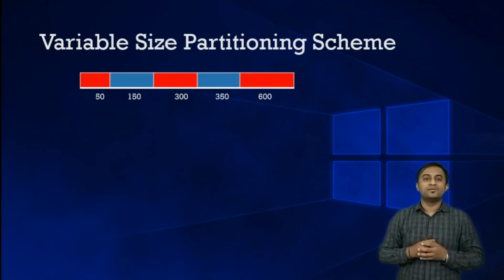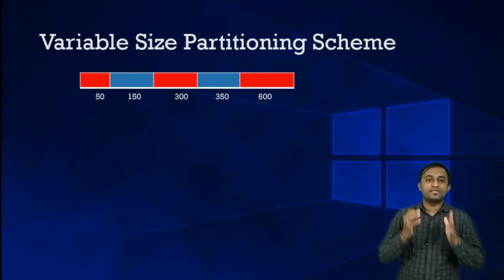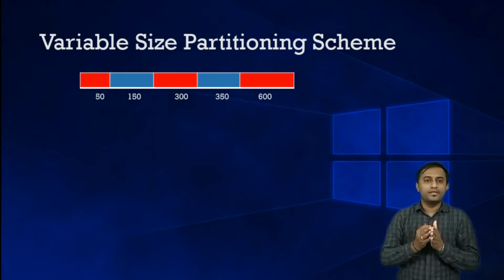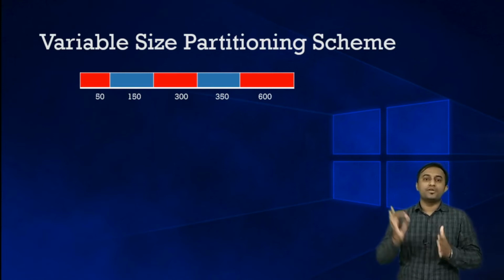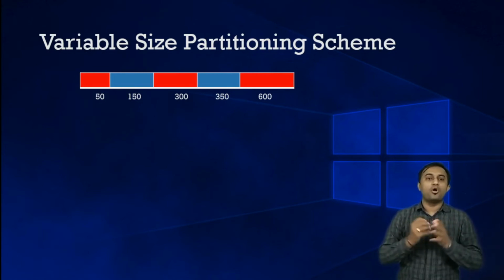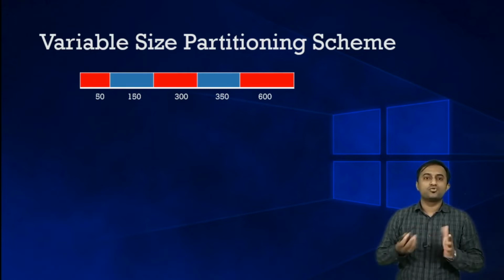So at that time, the scenario of the different blocks in memory looks like this. There are two types of block: one is red block and second one is blue block. There is no significance of this color.